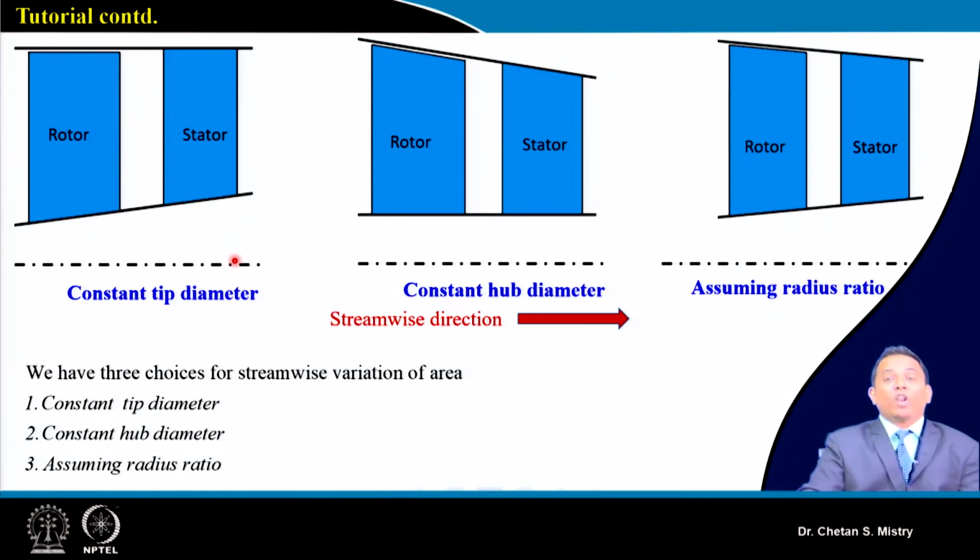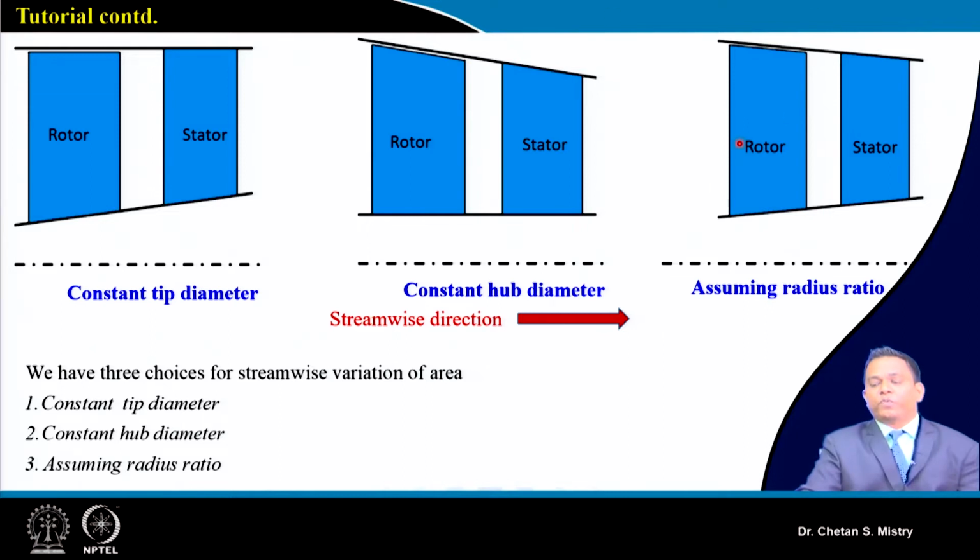We know the benefits of having a constant tip diameter configuration. In the same way, with a constant hub diameter configuration, the area at the exit will be lower, and so my tip diameter is going to be reduced. Do not get confused here; this is very important to realize and understand.